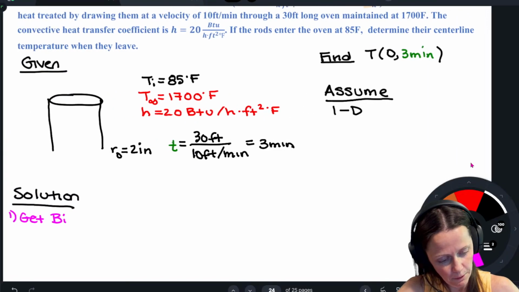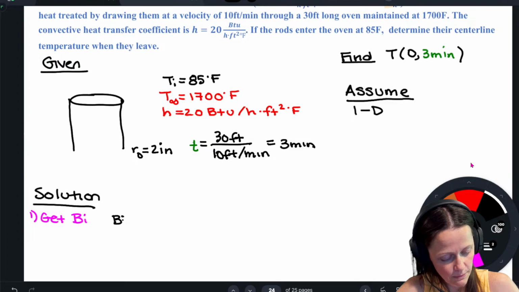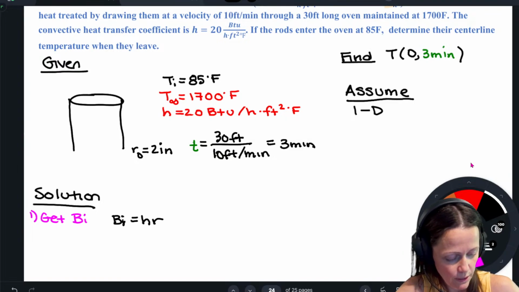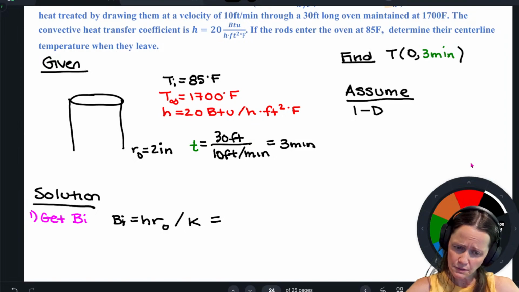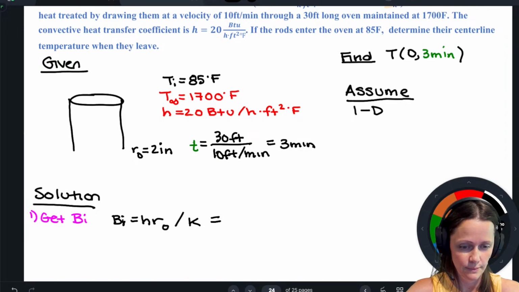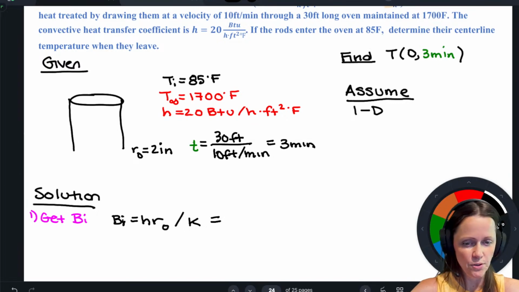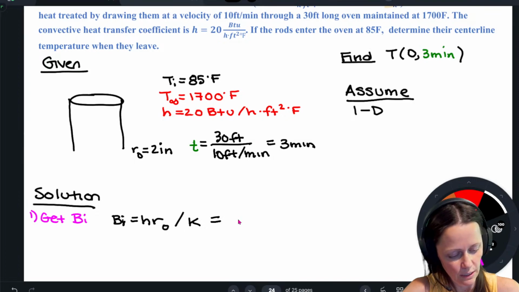Right. So our Biot number is h r naught over k. So I end up getting a value of something. Yeah, so there's some units there, but it's really just the feet and the inches that need to be reconciled.